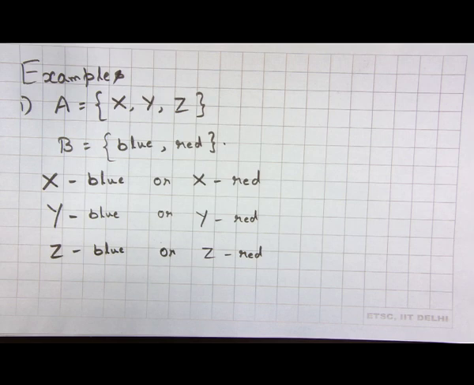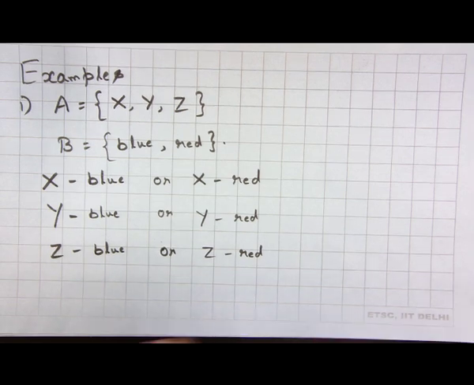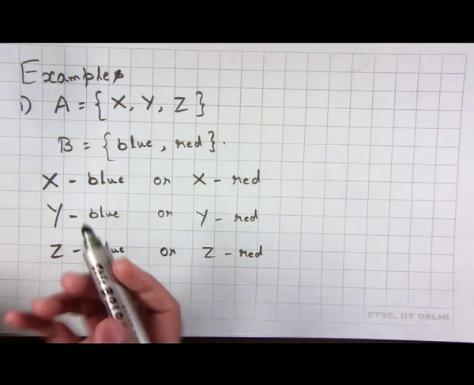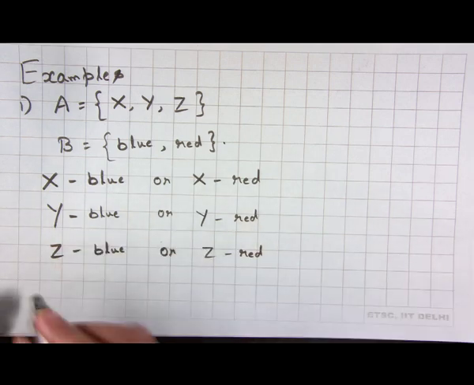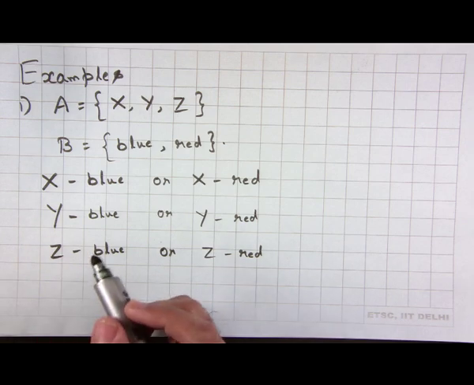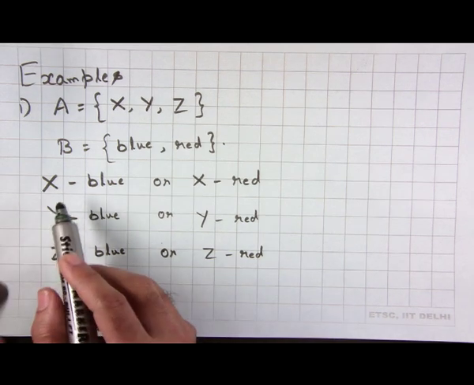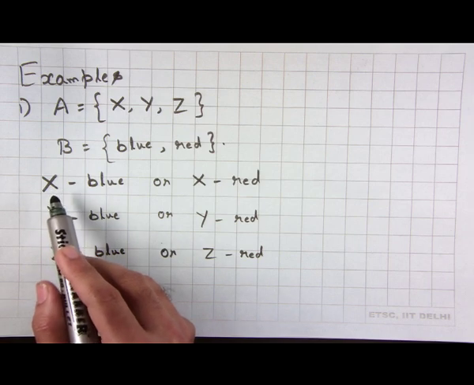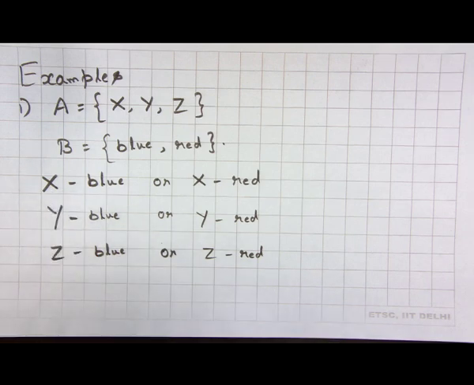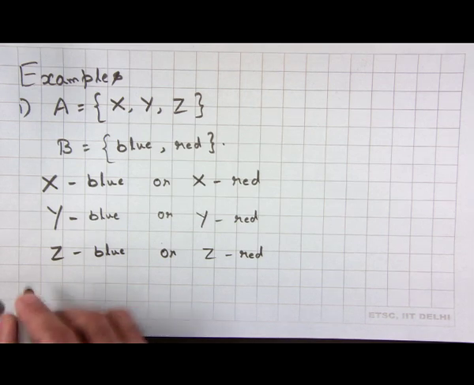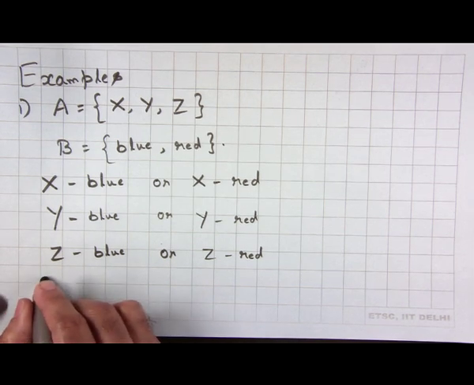What is it that we have here? To each bag we have associated a color of the ball, and to each color we have associated a bag. So, let us write all those things as pairs.